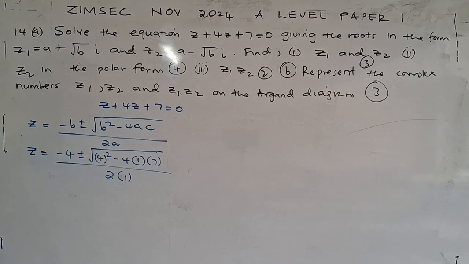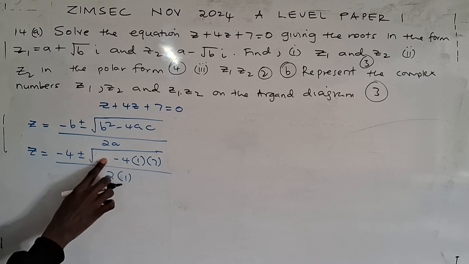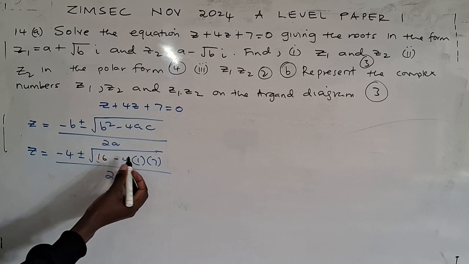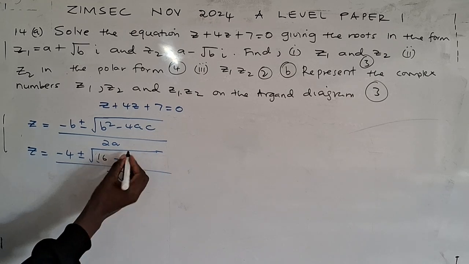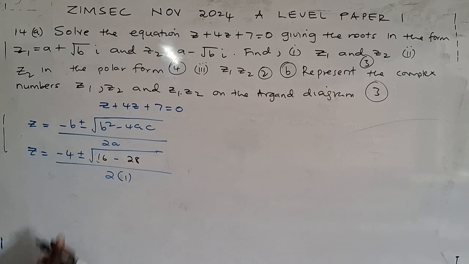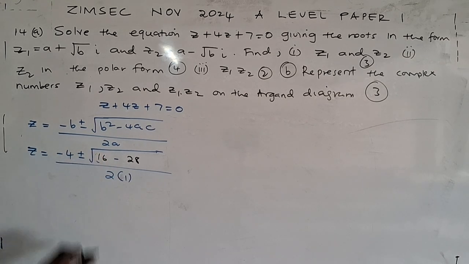4 squared is nothing but 16. So here I'm going to write 16. 4 times 1 times 7 is 28. 16 minus 28, what is this?